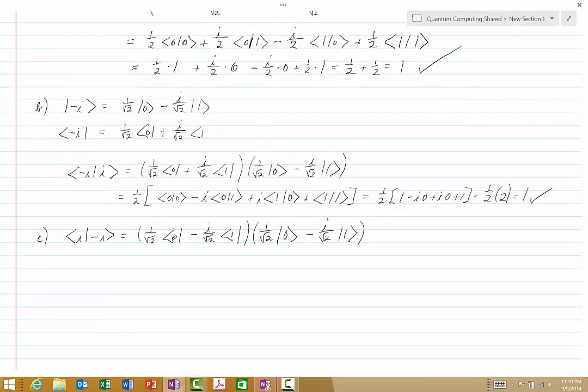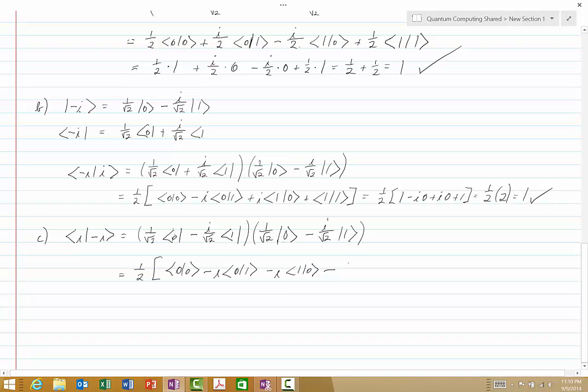And now let's multiply this out and see if everything checks. We will get 1/2 here, and we'll have 0, 0, minus i, 0, 1, minus i, 1, 0, and then finally minus i times minus i, minus times minus is plus, and i times i is negative 1, so minus 1, 1.